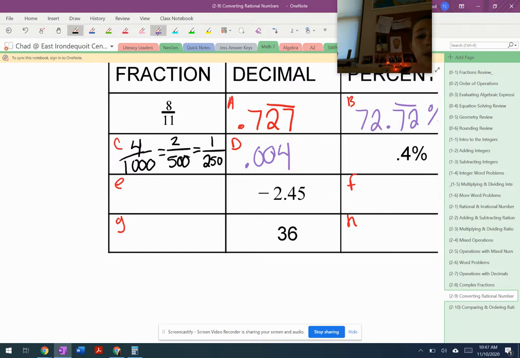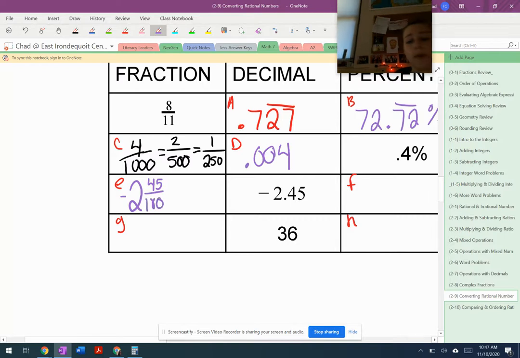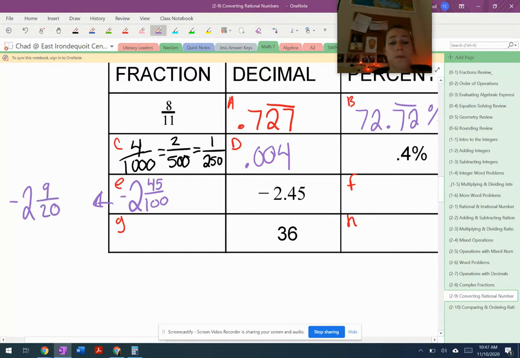So let's go purple. -2 and 45 out of 100, 45 hundredths, which can be reduced. Both of those can be simplified by 5. So -2 and 9 over 20, since 9 times 5 is 45, and 20 times 5 is 100.